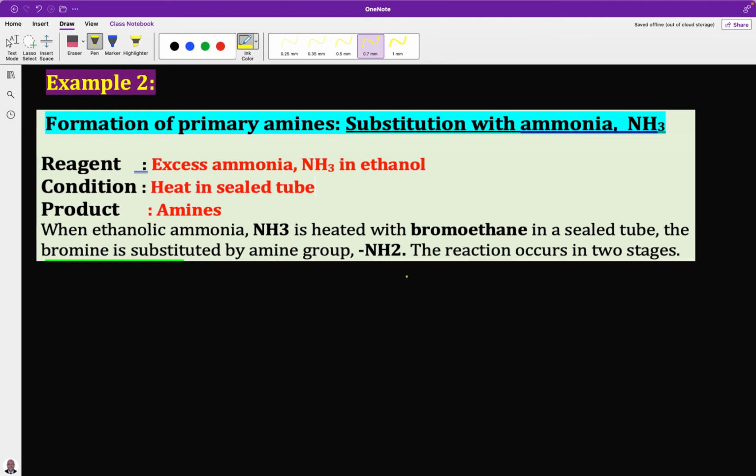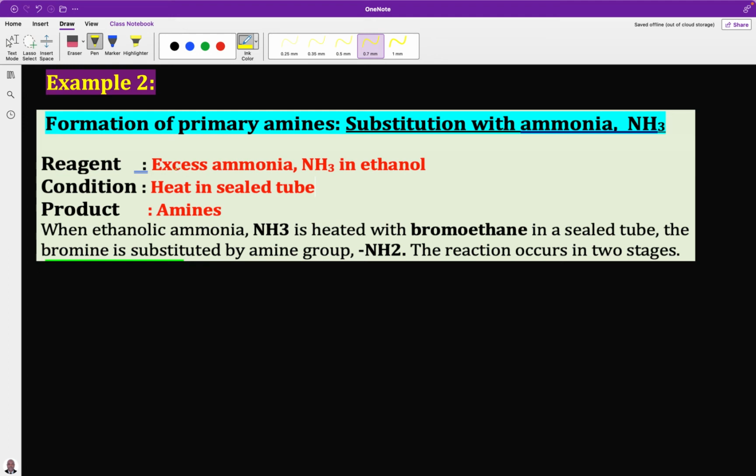As you know, this is a primary amine, and this is a primary halogenoalkane, the bromoethane that we are going to use.